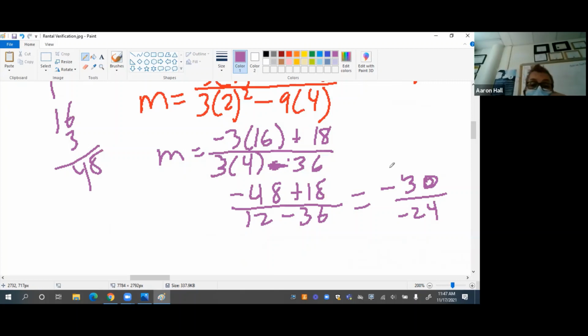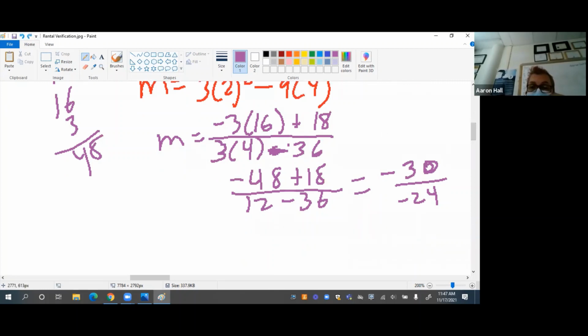Yeah, and a negative divided by negative is a positive. And then they're both even. And so that would give me 15 over 12. Both are divisible by 3, it looks like.